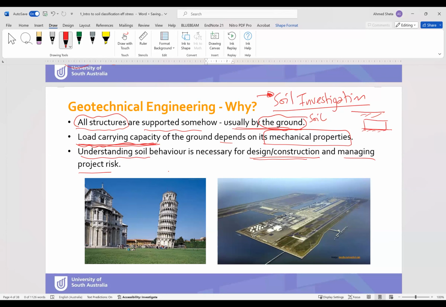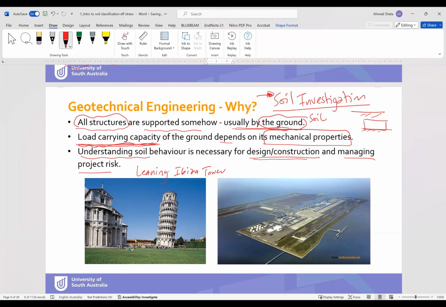For example, we have two examples of neglecting the soil investigation, which led to a disaster or problem in the structure. As you can see here, this is the Ibiza Tower, which is leaning. Do you know what happened to this tower?